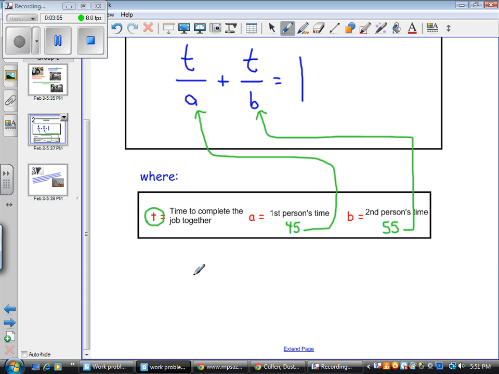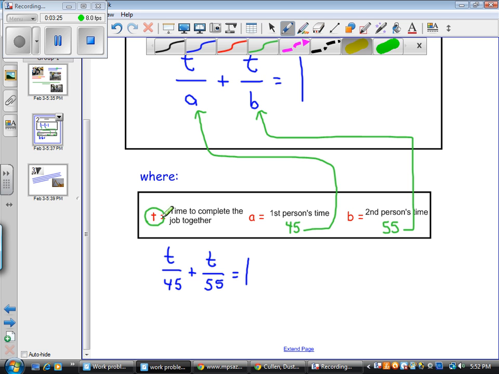So as I extend this down here, this is going to look like T over 45 plus T over 55 equals 1, with the goal being solving for T. We want to know what would be the time if they completed this together.